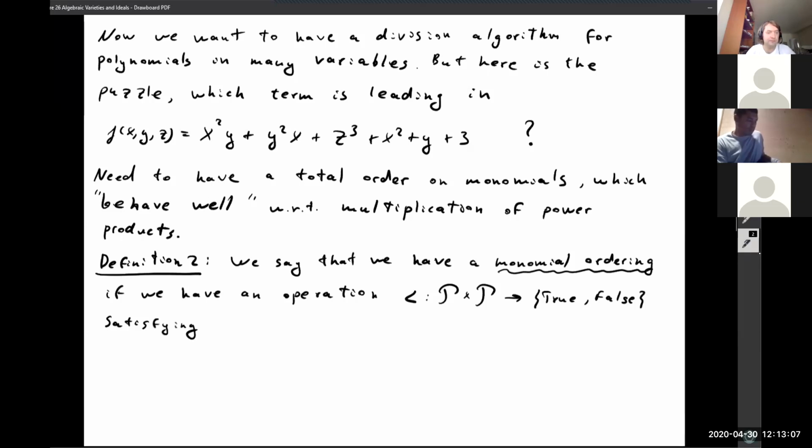So condition 1 is that 1 is less than all monomials which are not equal to 1.